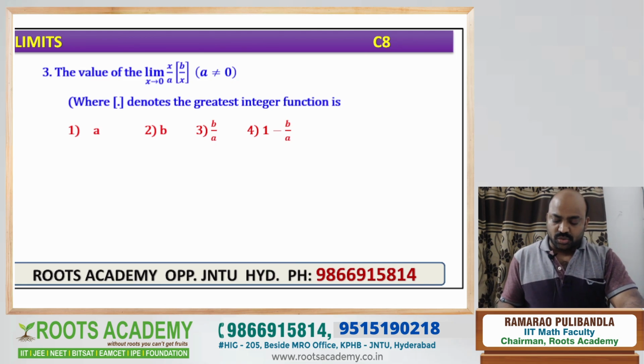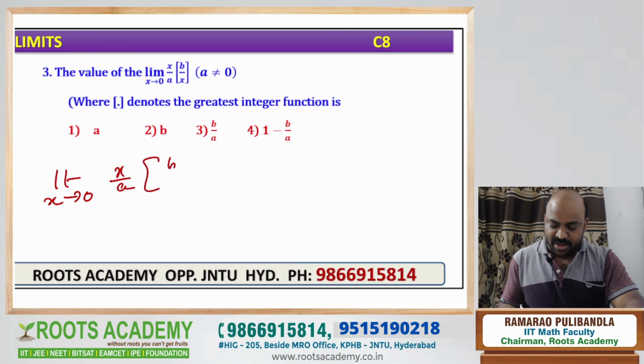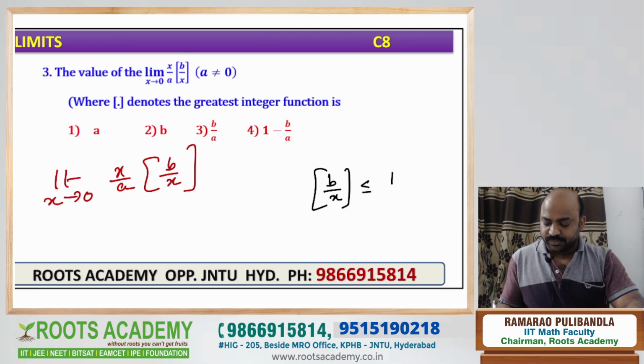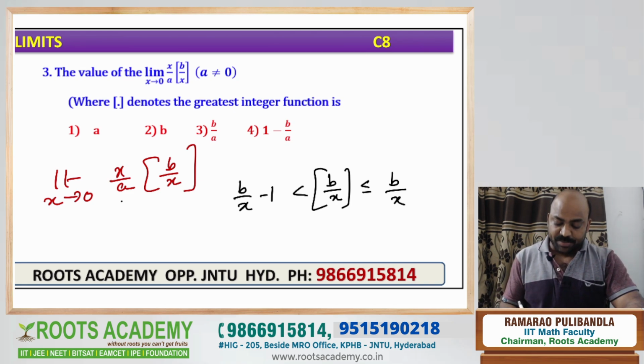Limit x tends to 0. Okay, no problem. x by a into step of b by x. Can you quickly get this? Step of b by x is always less than or equal to b by x and greater than b by x minus 1. But I should multiply with x by a to get my g of x.